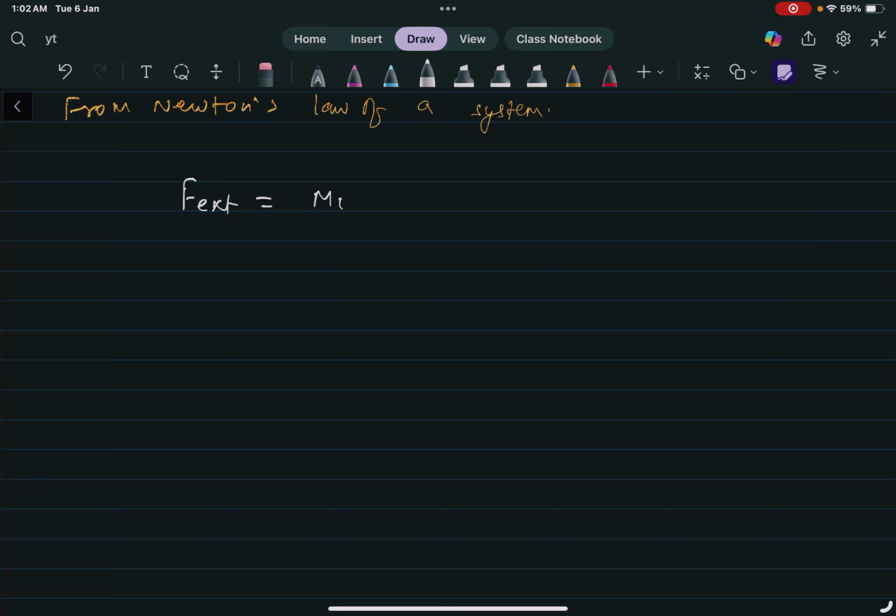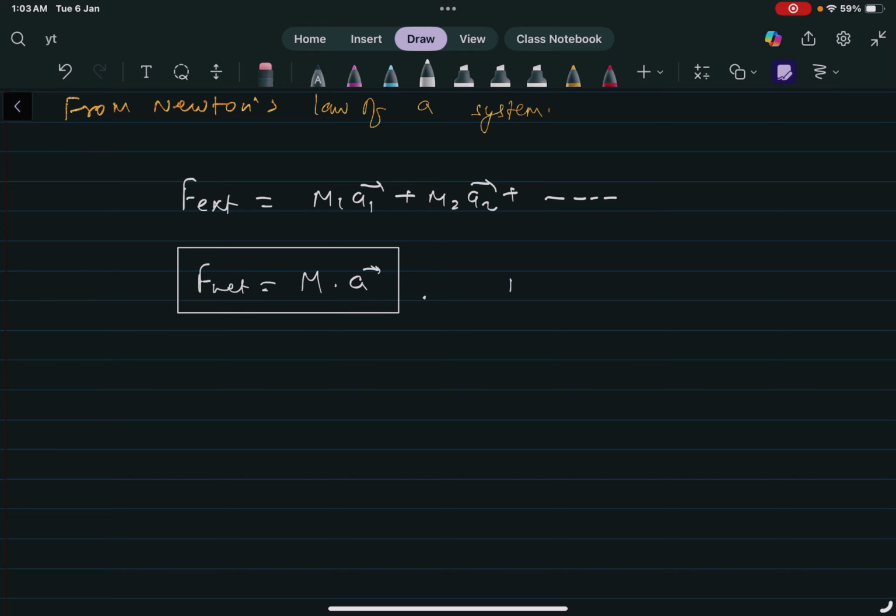F external is equal to m1 a1 vector plus m2 a2 vector and so on. So F external is capital M times the vector a, where capital M is the sum m1 plus m2 plus and so on, and the vector a is equal to a1 plus a2 plus.